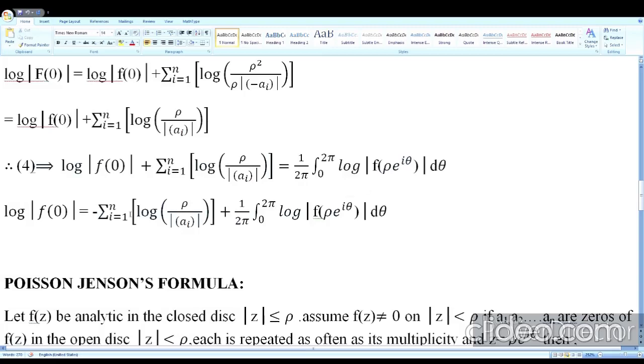Or we can write log modulus of small f of 0 equal to minus summation i varies from 1 to n log rho by modulus of a_i plus 1 by 2 pi integral 0 to 2 pi log modulus of f of rho e power i theta d theta. This is Jensen's formula. Now we are going to see Poisson-Jensen's formula.